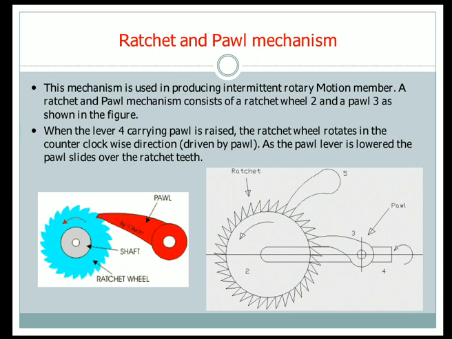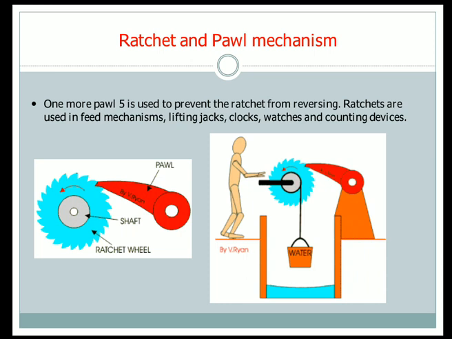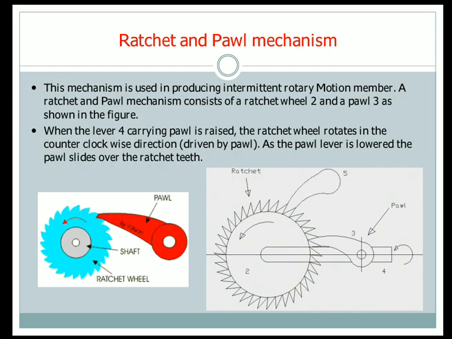As the pawl lever is lowered, the pawl slides over the ratchet teeth. So here the ratchet wheel can only rotate in the counterclockwise direction. It cannot rotate in the clockwise direction. One more pawl 5 is used to prevent the rotation of the ratchet in the clockwise direction.